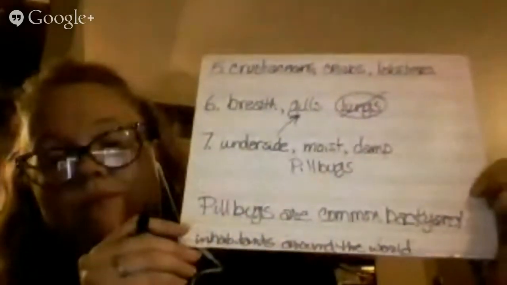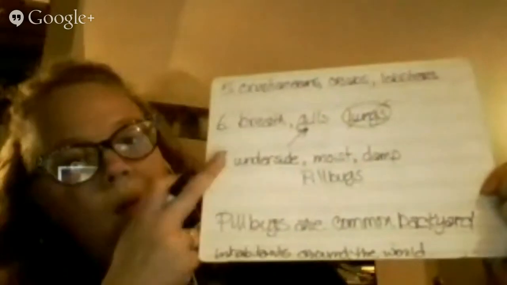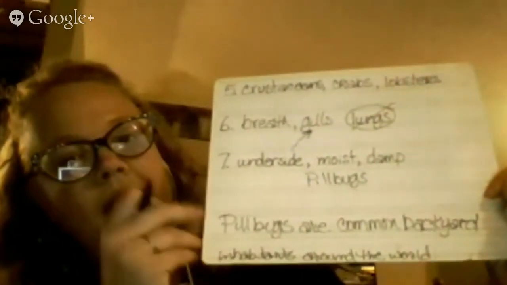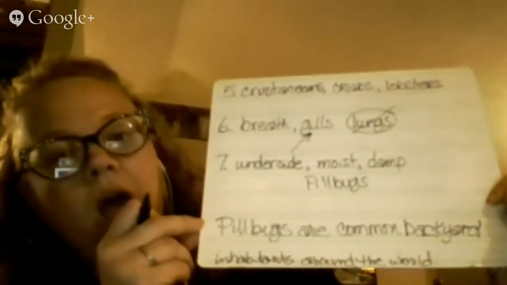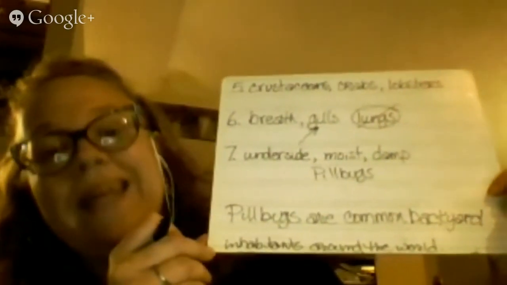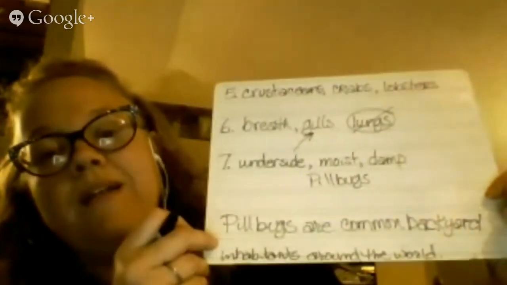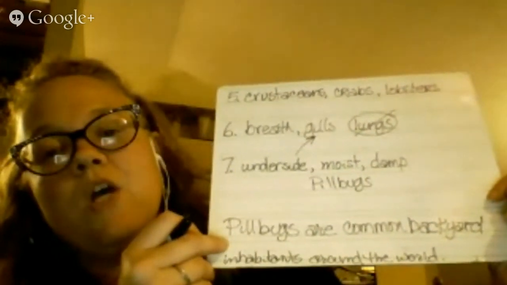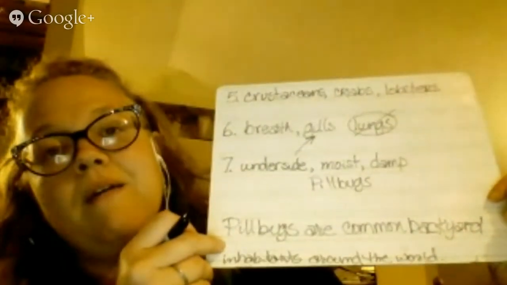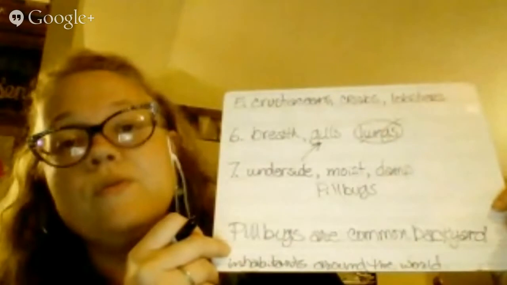Okay, so I run into a little problem right away because I've run out of room. Okay, this is why you should have a new sheet of paper. My title is up here, pill bugs, and then I begin. Pill bugs are common backyard. I tried to leave a line and keep going. Inhabitants around the world. Okay, but you want to have that space in between there so that your student can edit, add things, scribble around, and make adjustments.